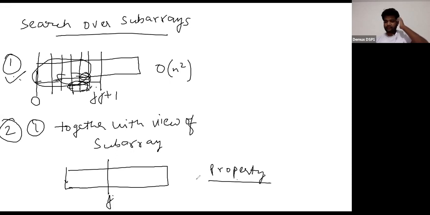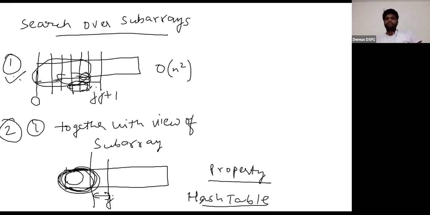And that property we check by checking for all the prefix arrays before j. So we check for the existence of that property amongst all prefix arrays before j. If that property is satisfied, then this subarray is in our resultant answer, right? And this search over all prefix arrays, we typically optimize using a hash table.